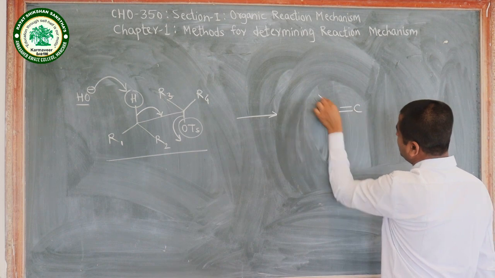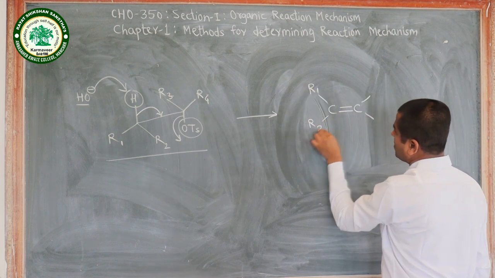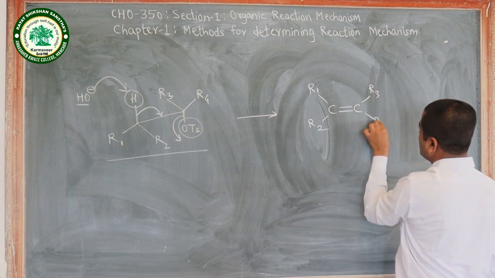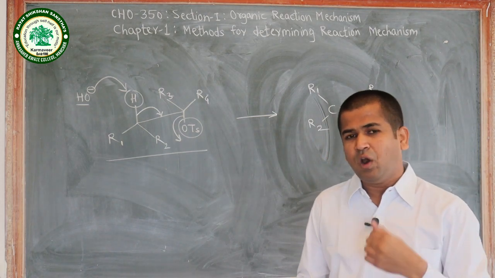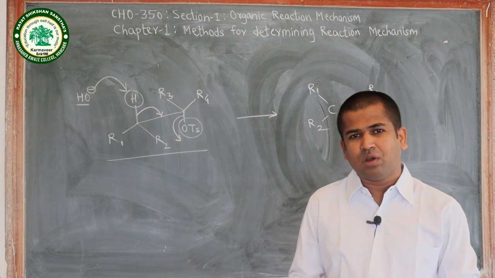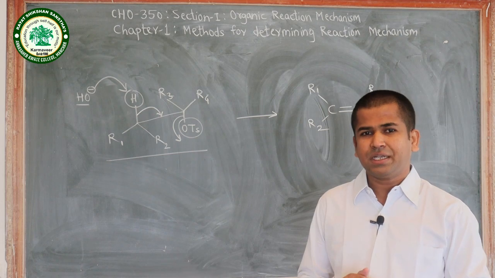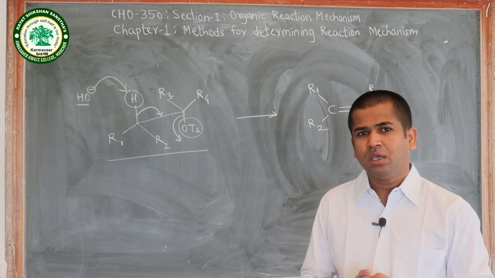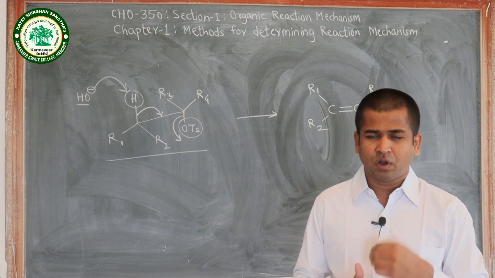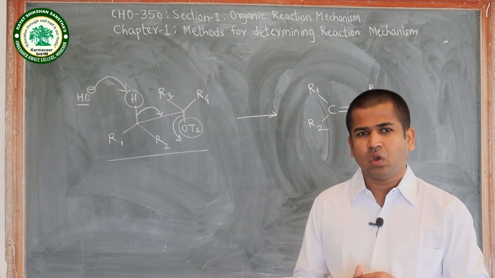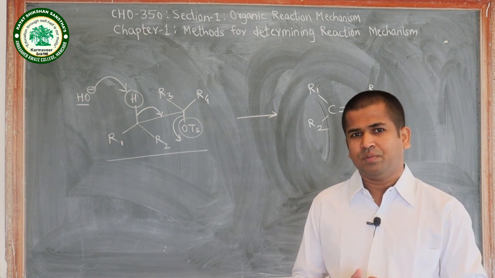We get an olefin. Here we observe that for this reaction, the degree of freedom of the reacting species is lost, and therefore the entropy of activation is also lost. That means we get negative entropy.